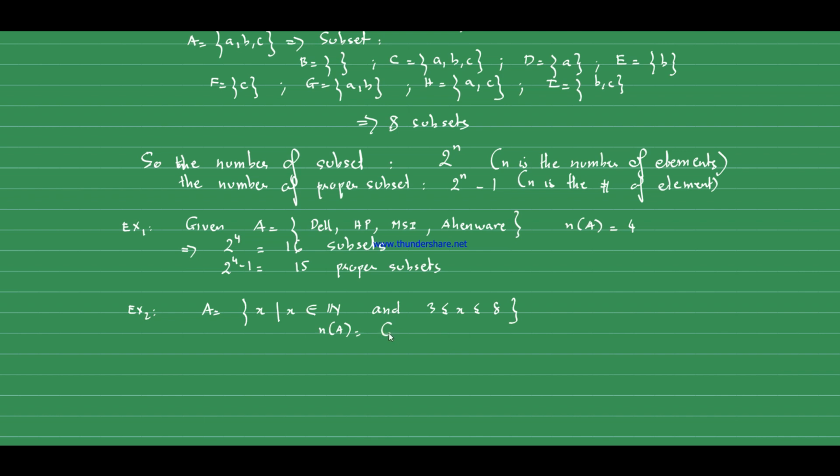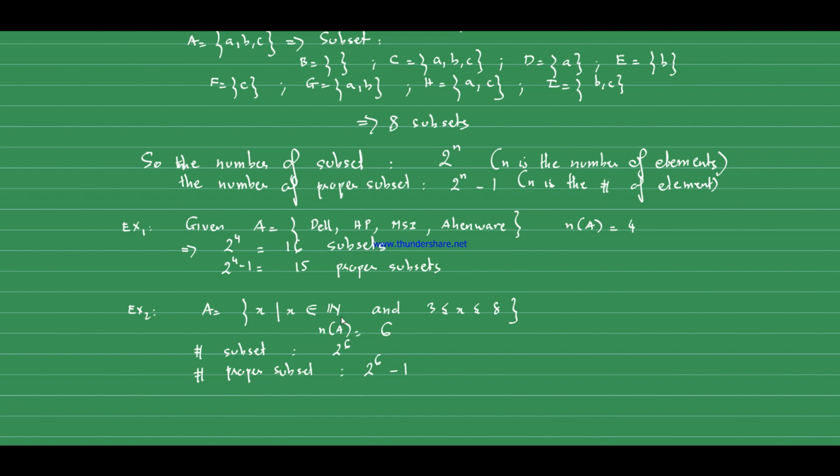So there are 6. From here I can find the number of subsets we can create of set A will be 2 to the 6, and the number of proper subsets will be 2 to the 6 minus 1.